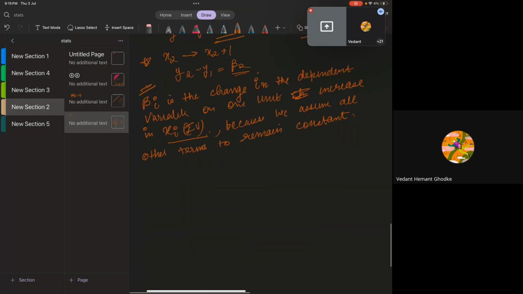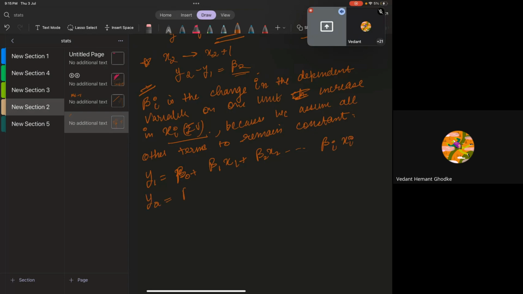Basically, if this is y1, your constant beta naught plus beta 1 x1 plus beta 2 x2 till beta i xi.